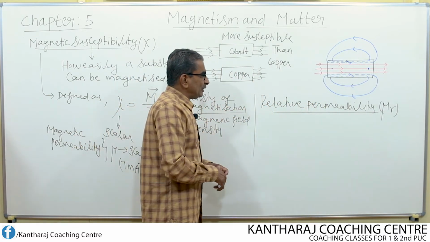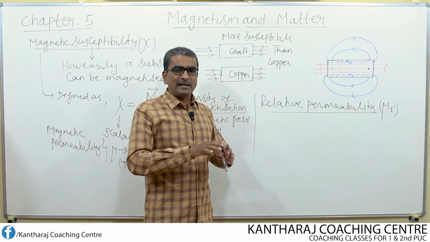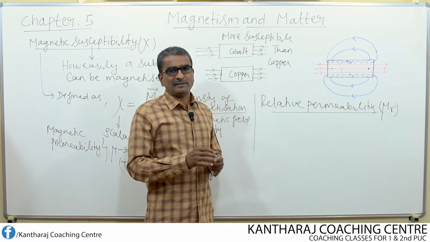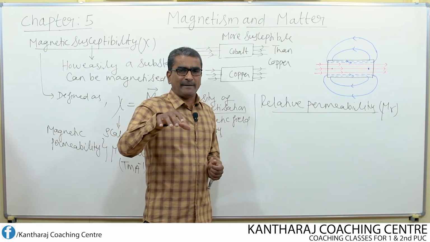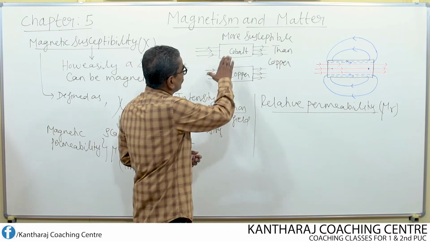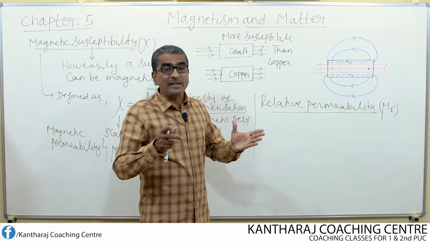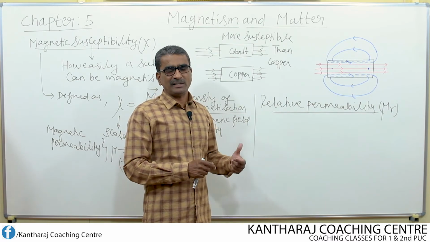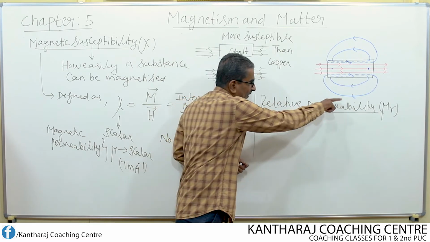In the case of relative permeability, we compare the permeability of different magnetic materials with one another. For example, if I find the permeability of cobalt and compare that with the permeability of free space, meaning air or vacuum, then it becomes a relative permeability.